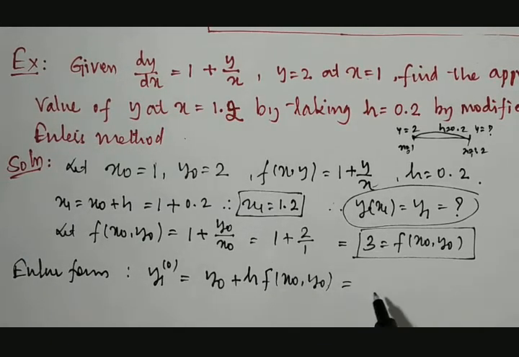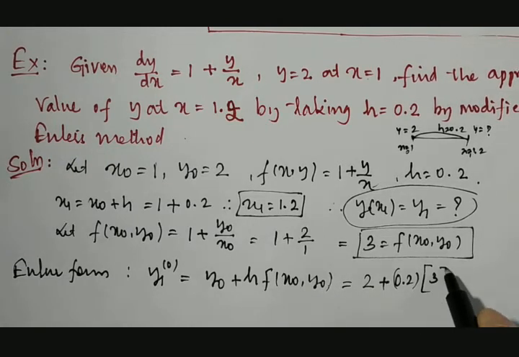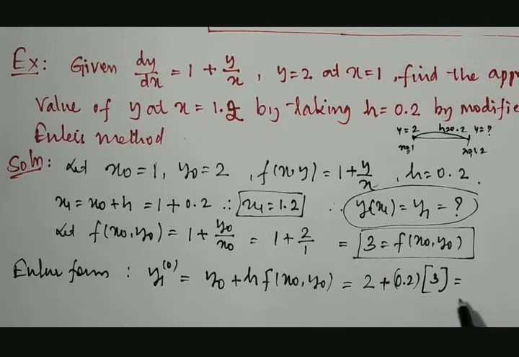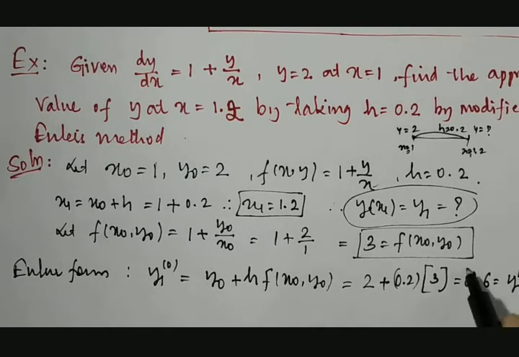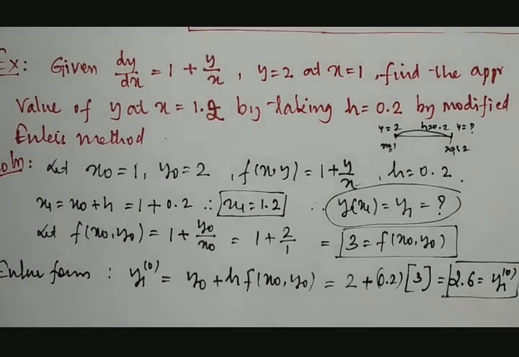Therefore, y0 is 2, plus h, which is 0.2, into the functional value with initial values of x0 and y0, that is 3. If you calculate this, 0.2 into 3 will be 0.6, and 0.6 plus 2 is 2.6. So 2.6 is the initial value of y1.